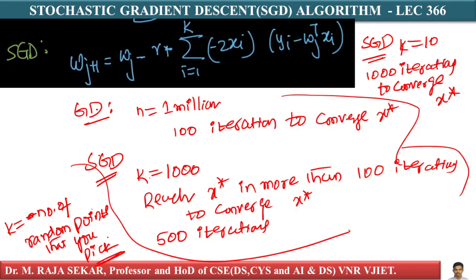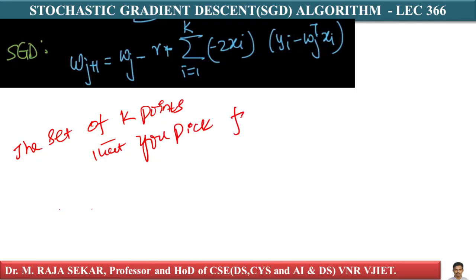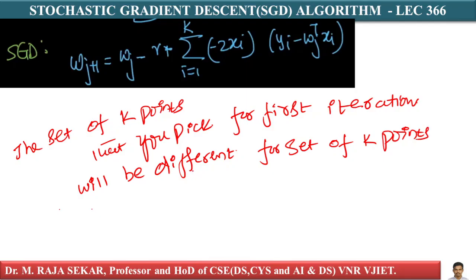Remember, the set of k points that you pick for the first iteration will be different from the set of k points that you pick for the second iteration.